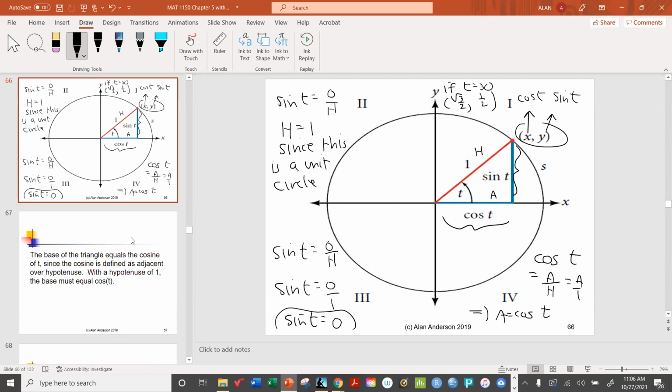So on the unit circle, depending on the angle that we define here, this point is nothing but x equals cosine of T, y equals sine of T.